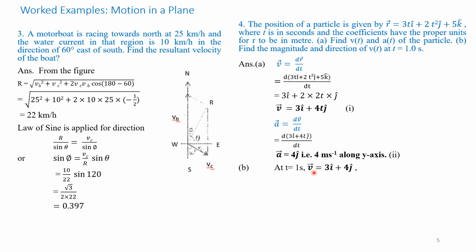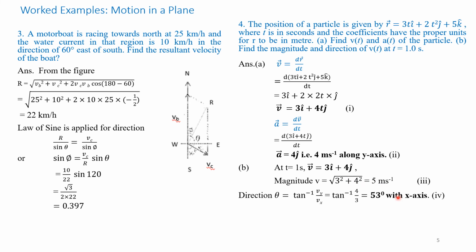Therefore, V will be equal to 3i plus 4 into 1, that will become 3i plus 4j. Therefore, magnitude of velocity vector v equals square root of 3 square plus 4 square. 3 square is 9, 4 square is 16. 16 plus 9 is 25. Square root of 25 is 5 meters per second.